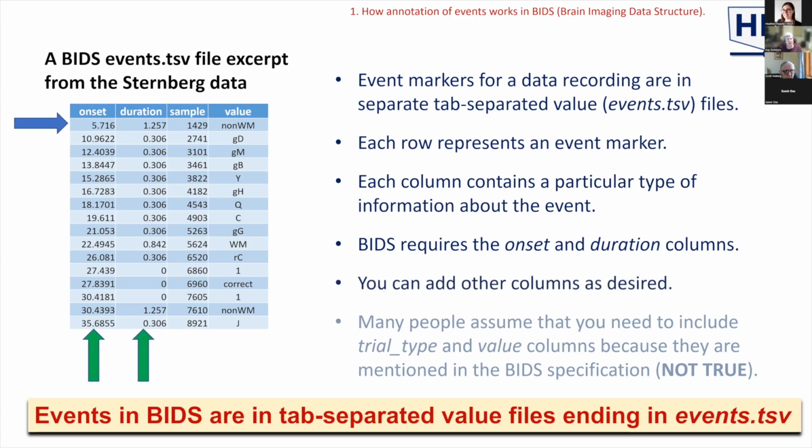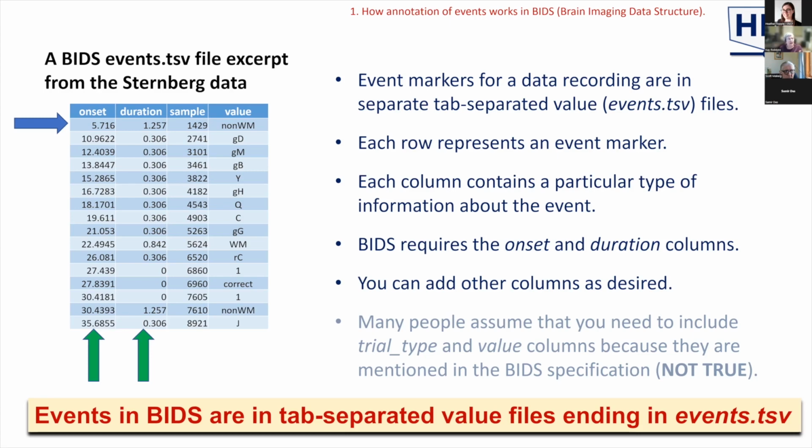So you can add other columns as desired. And we think this is really important for having people use the data in a way that's accurate and not requiring a huge amount of extra coding. So the example that we see here is the Sternberg working memory data set, which we'll go into as one of the examples in this talk.